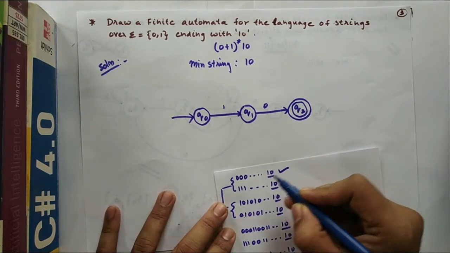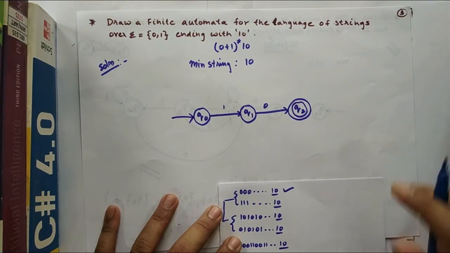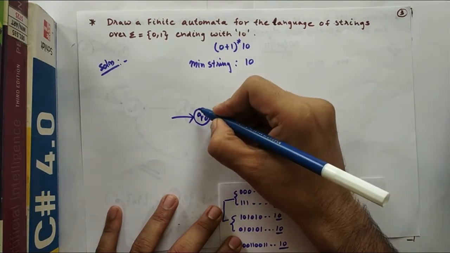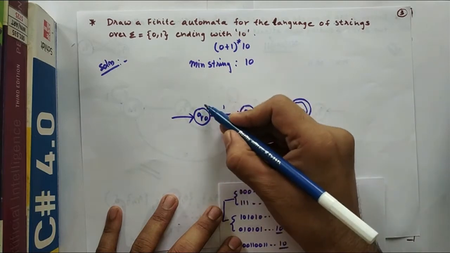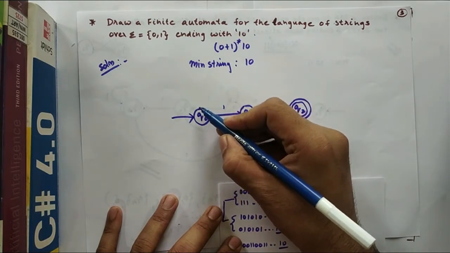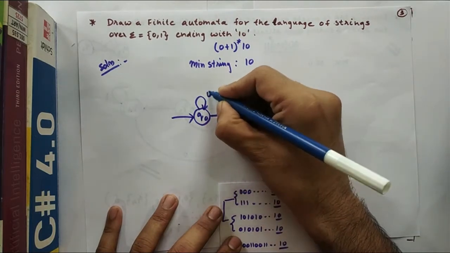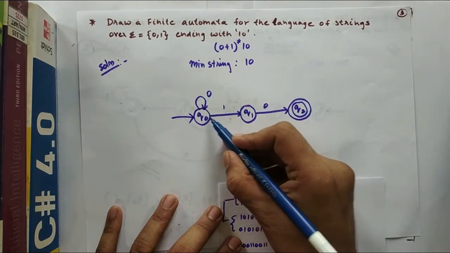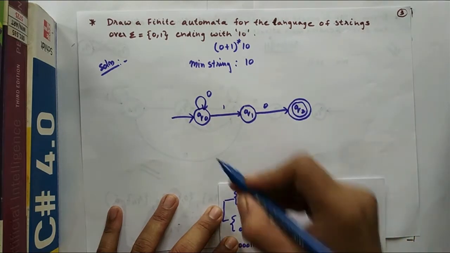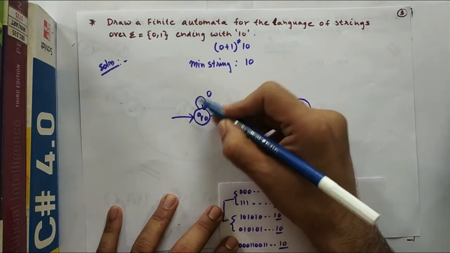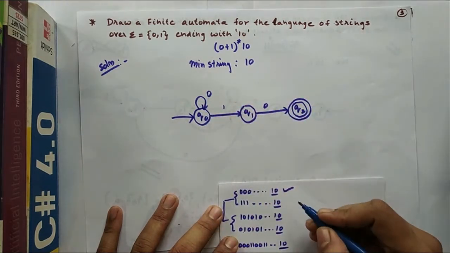First of all, n number of zeros ending with 1 0 should be accepted. Now can I have a self loop over here on 0? Yes, because Q0 on 0 does not go to any other state, so I can very well write a transition. So 0 0 0, n number of zeros ending with 1 0, is accepted.